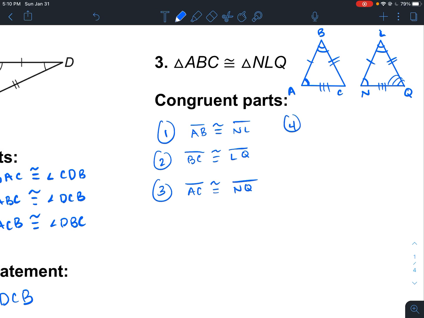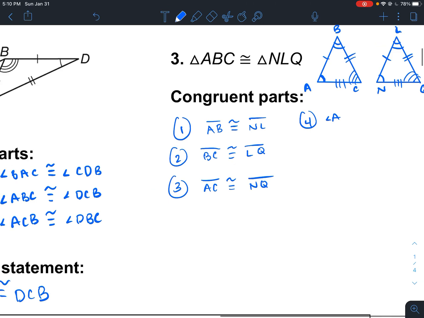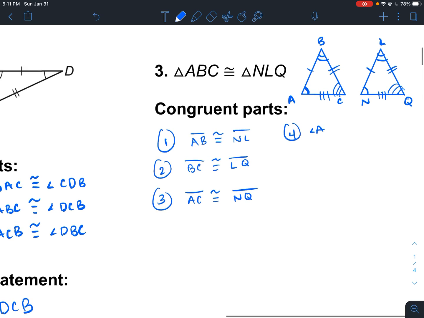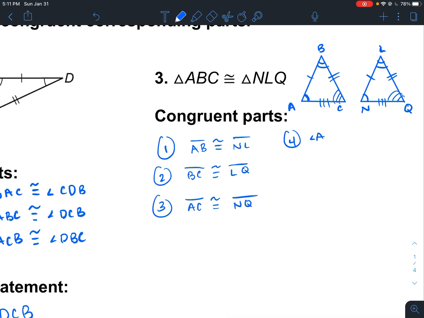Okay, as far as the angles go, as long as the angles are separated and not together, I'm fine if you just write angle A. But in examples where they are the same, I need you to write your angles in this way, so that I know which one you are referring to. So angle A, which corresponds with angle N, is congruent. Angle B, which corresponds and is congruent with angle L. And then angle C, which corresponds and is congruent with angle Q.